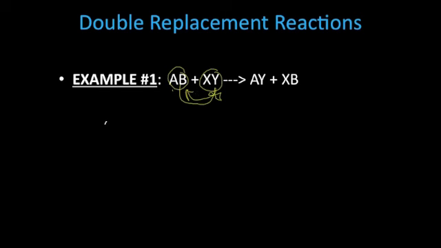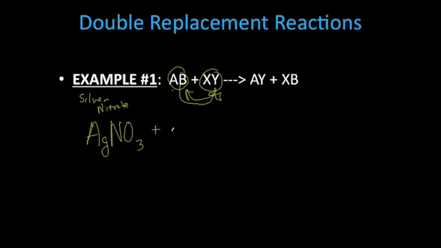Another example would be when, let's see, silver nitrate combines with sodium chloride. Okay, two new compounds, silver chloride and sodium nitrate, are formed. That's because the sodium and silver switch places, and I'll draw that up right now. Okay, so you have AgNO3. This is silver nitrate.